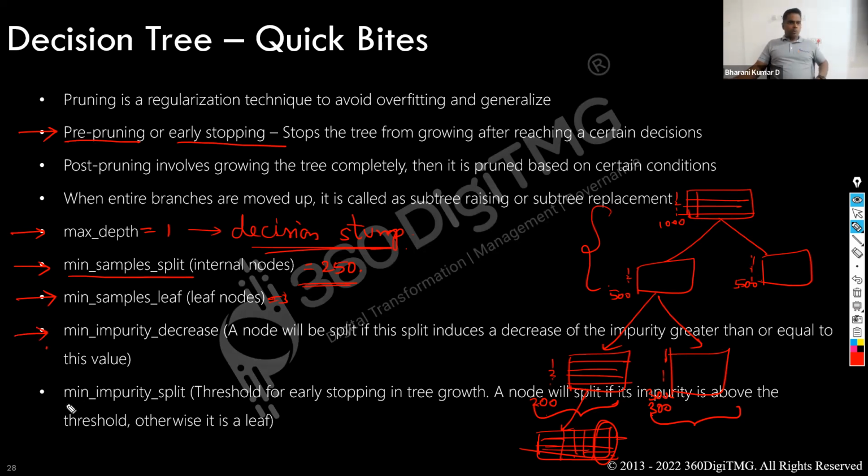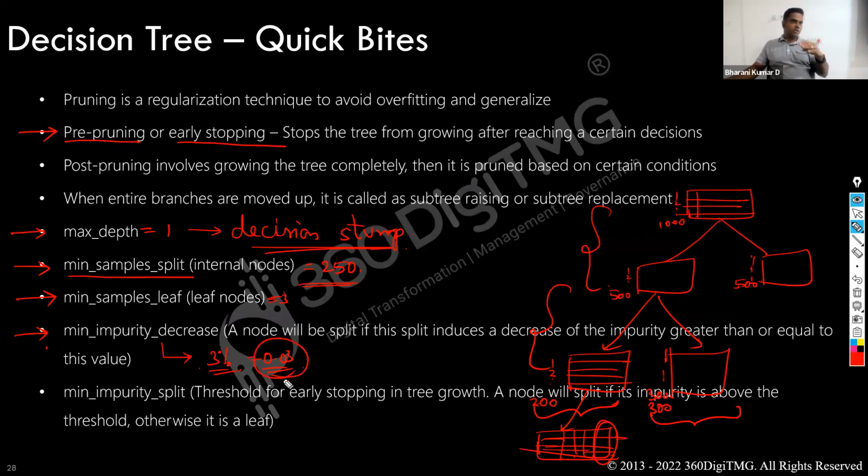What is impurity? Entropy. When you continue to split from here to here, you can put a condition on the entropy reduction. Minimum, I want 3% reduction. 3% means 0.03. If there is 3% or 10% or 20% reduction, only then continue. Otherwise, stop.